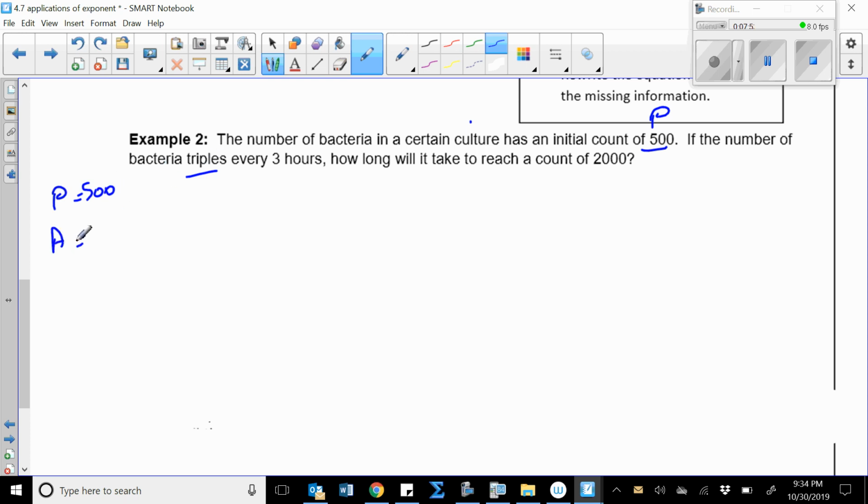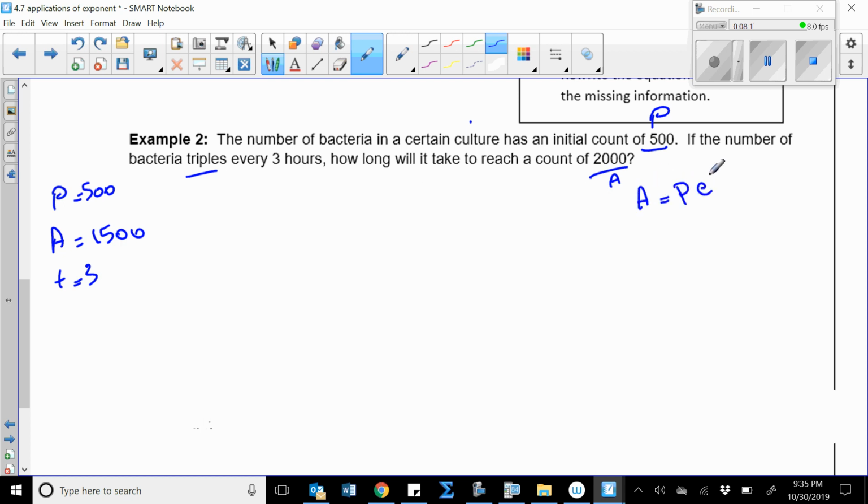That means the final amount will be 500 times 3, which is 1500, and the time is 3 hours. It's asking how long will it take to reach a count of 2000. So this is my new final amount. It says how long does it take to reach this point.